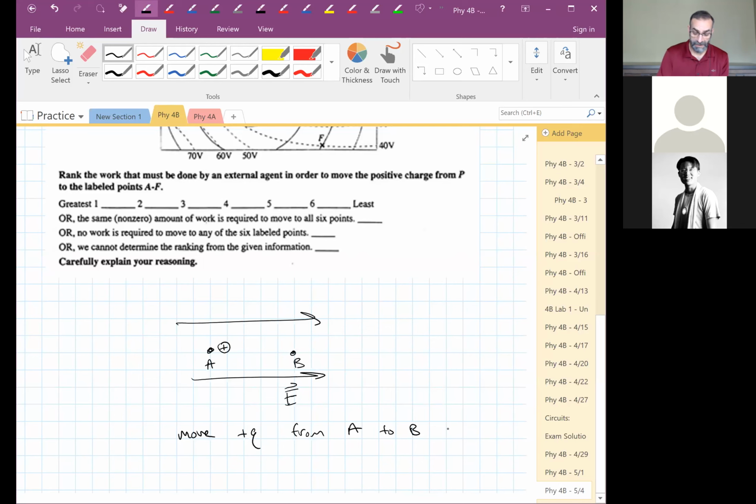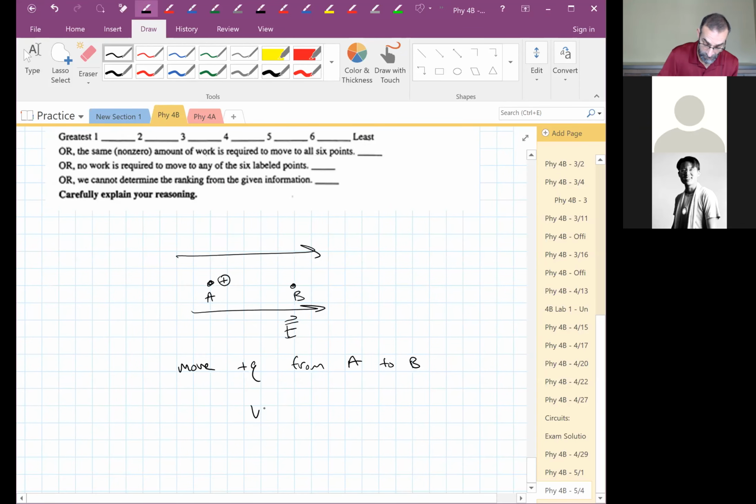If we want it to start and end at the same speed, we have to reach in with some external force and slow it down, exert a force in the opposite direction.